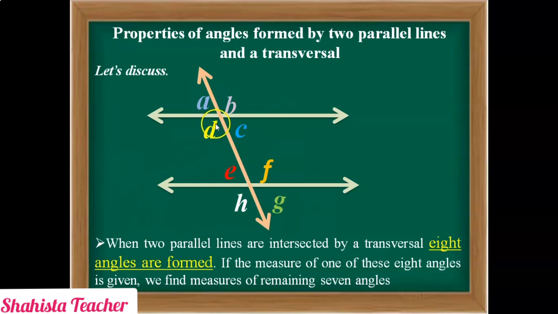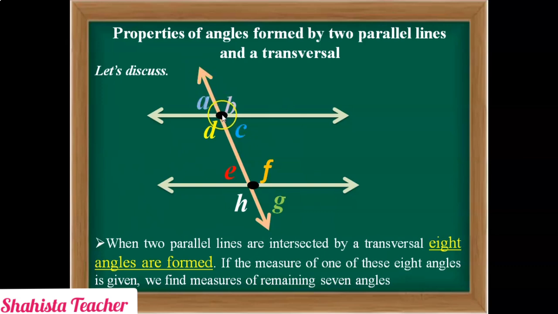Total 8 angles are formed. And if the measure of one of these angles is given, we can easily find the remaining 7 angles.